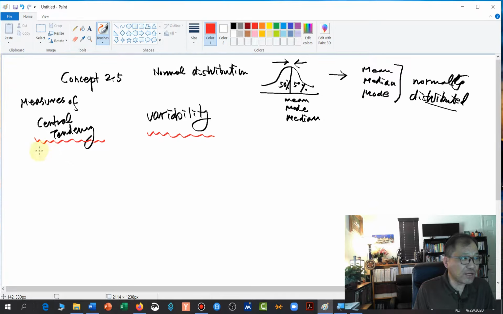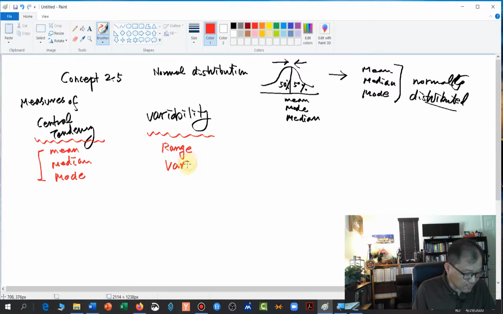So there are three measures that you can measure for central tendency. Again, mean, median, and mode. Here, measures of variabilities, we have range, and we have variance, and we have standard deviation.